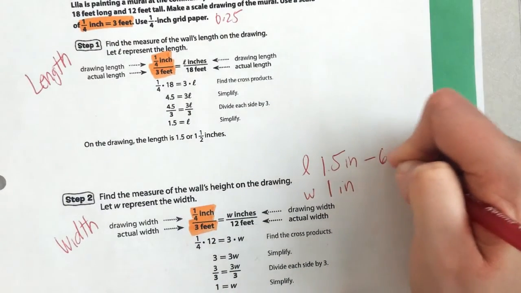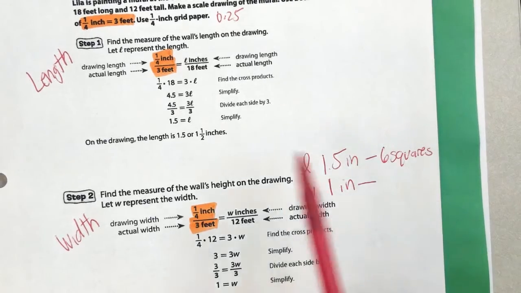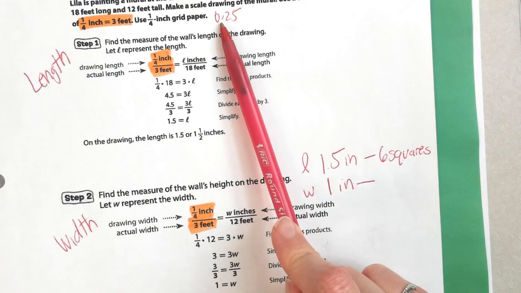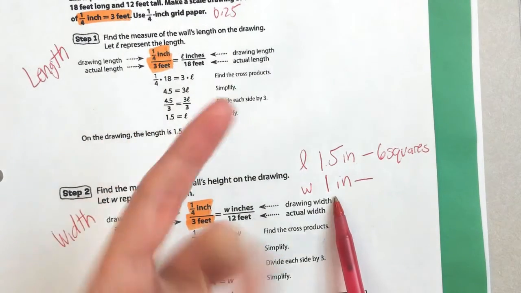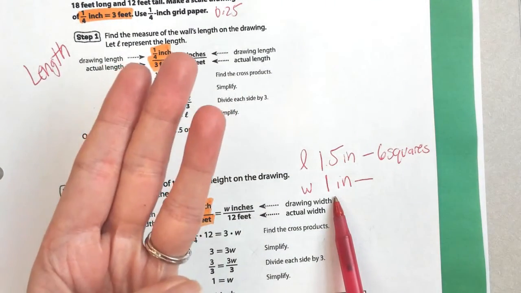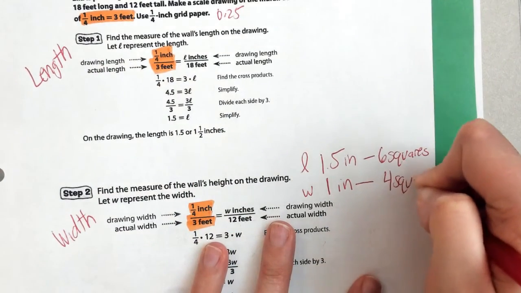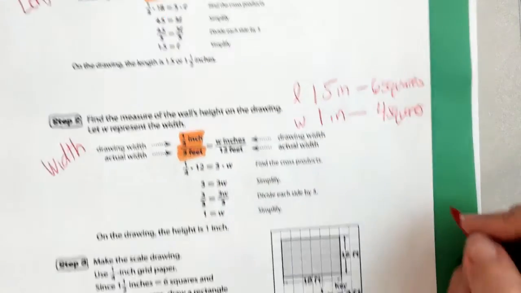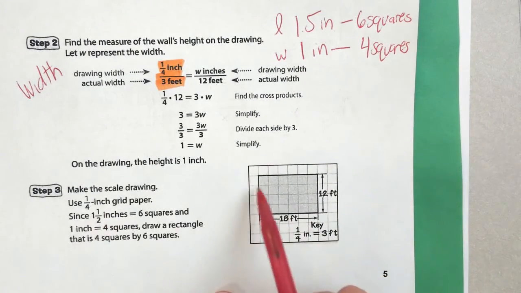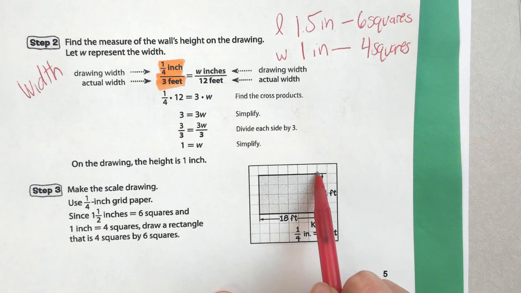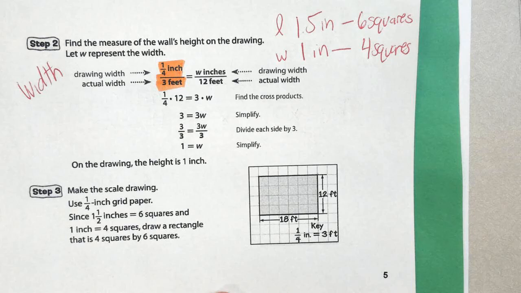So I'm going to need 6 squares on our grid paper. If it's 1/4 of an inch for each one and I need to get to an inch, that's 0.25, 0.5, 0.75, 1. So that's 4 squares. And below you can see that they made that scale drawing, and they said it went 6 across for the length, 4 down for the width.